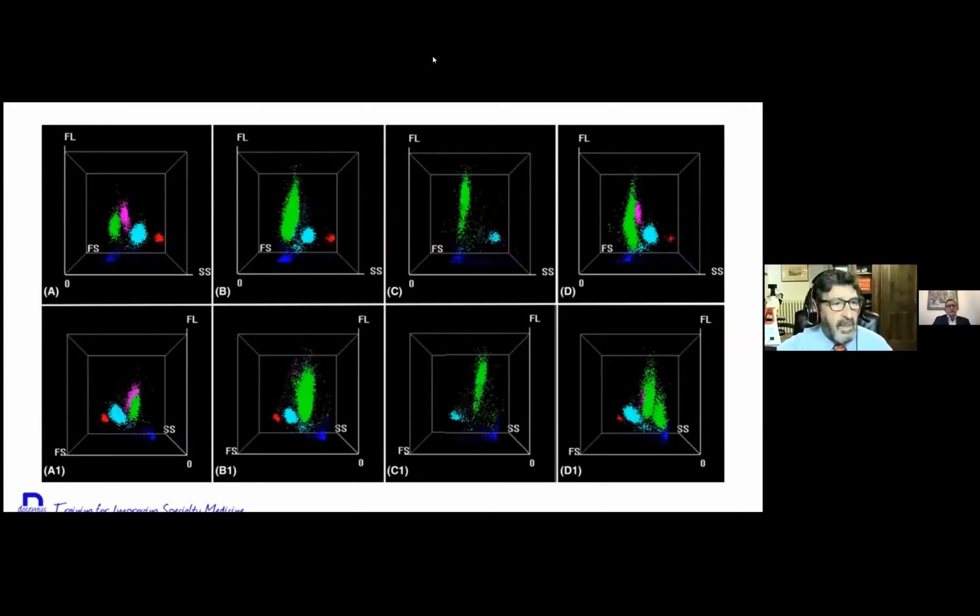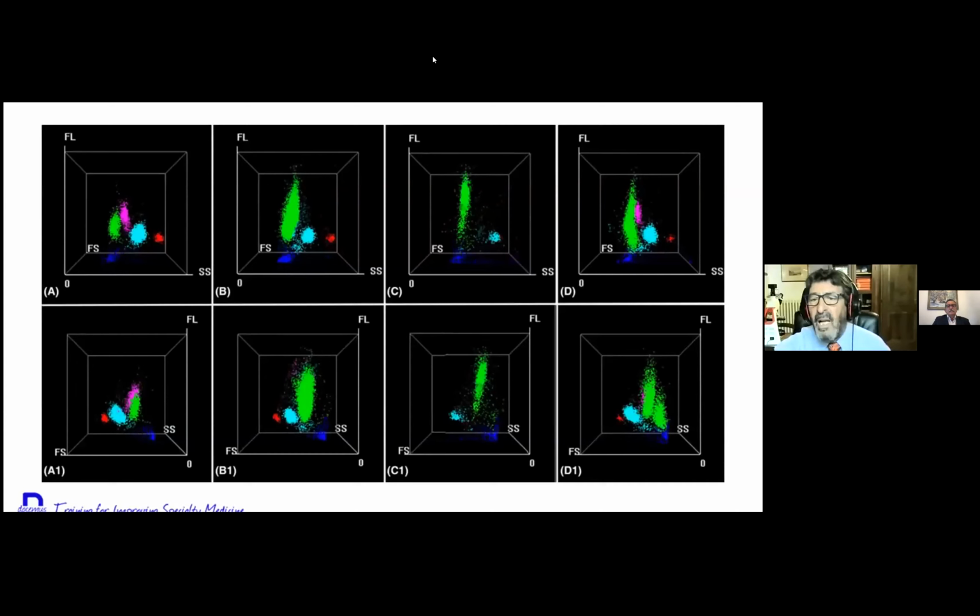Not even the lymphocyte cluster splitting, and the same holds true for the presence of blasts, either lymphoid or myeloid blasts, that can lead to a pseudo lymphocytic cluster, as you can see in the CC1 figure.